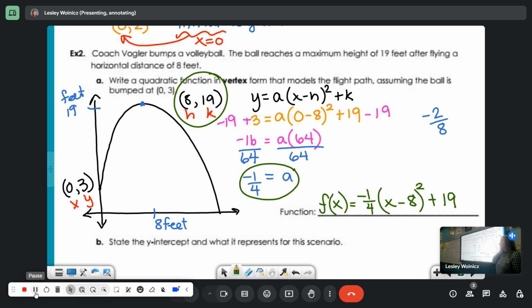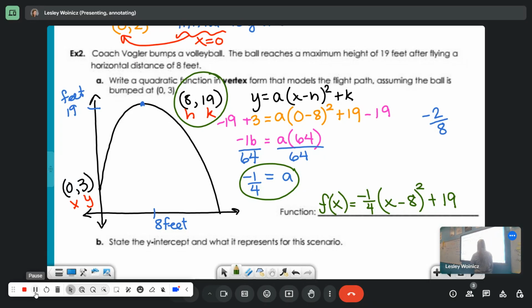Does it matter if I use f of x or y? No, because I'm writing a function. So in function land, those two things are the same. Outside of function land, they are different because f of x promises us we have a function, but y does not. On the first one, we did y. I'm just showing you that you can write it either way, that they're both correct.